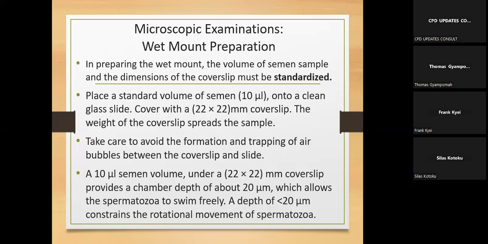This should be converted to micrometers because we're dealing with microorganisms, and measurements are in micrometers. So what will be its value in micrometers? What is its equivalent in micrometers?